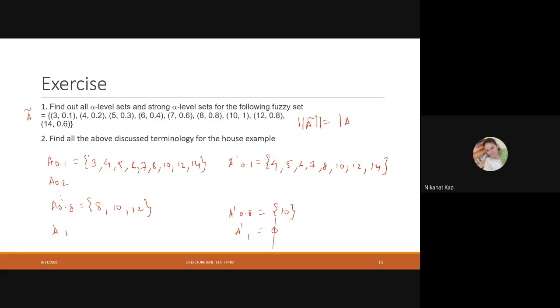It is the cardinality of A divided by the cardinality of X. The cardinality of A is the summation of all the membership values, and the cardinality of X is equal to the number of elements. So whatever sum you are getting, divide by 9. That is the relative cardinality of fuzzy set A. Is this clear? Yes.